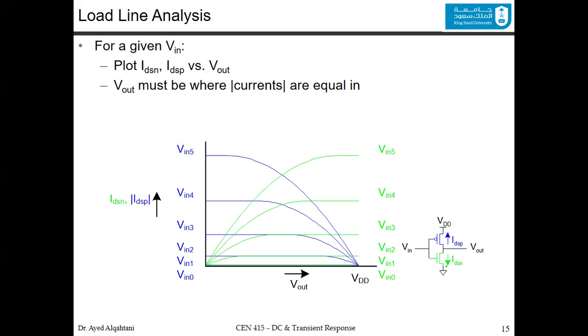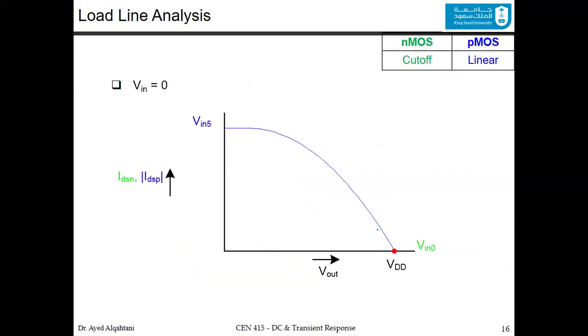Similarly, we have another current here, the IDSN, and it should be in one of these curves based on the input again of the green curve. So we will do this step by step. For the NMOS and the PMOS, we will see its behavior when this input is equal to 0. When this input is equal to 0, you are actually having this curve, which is the VN0.